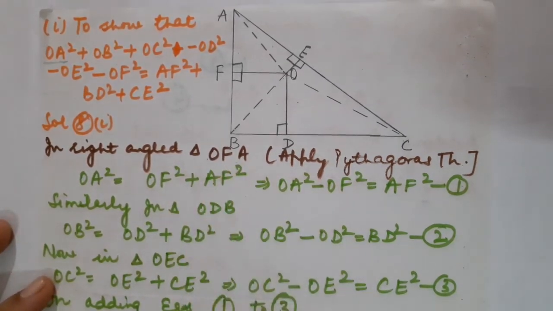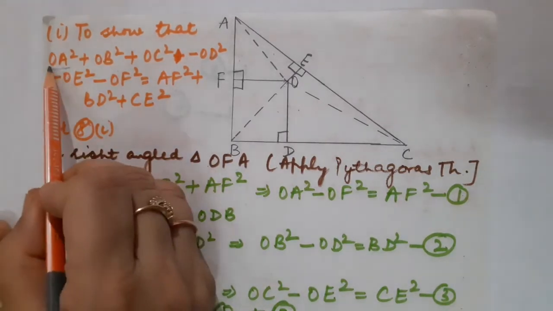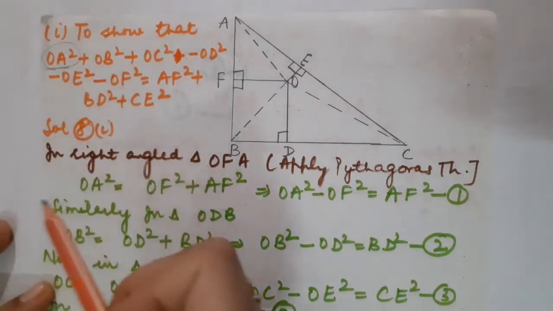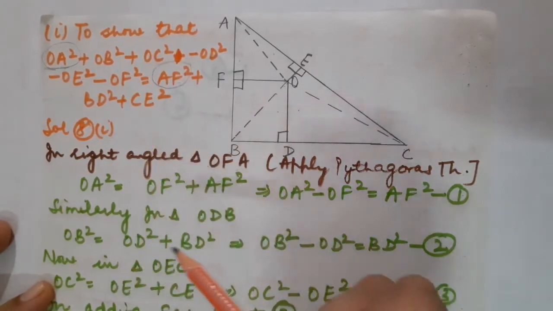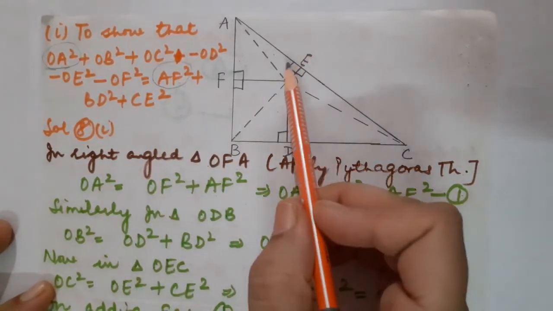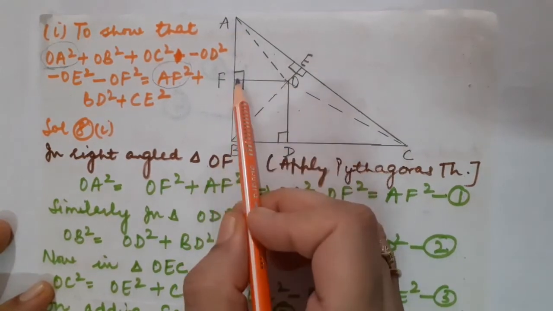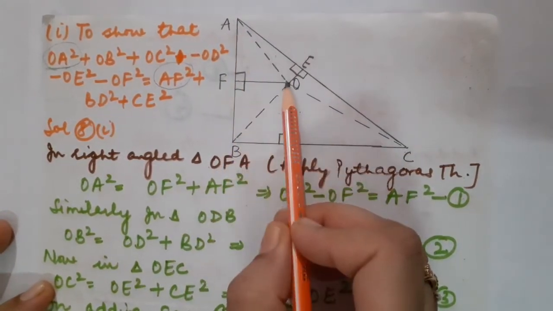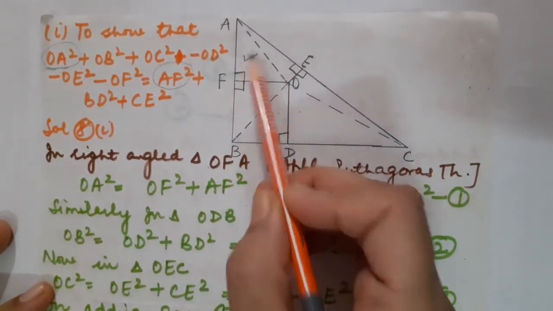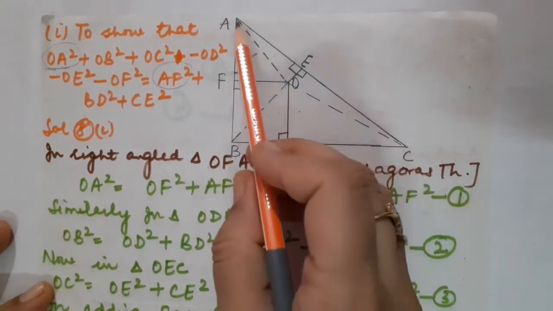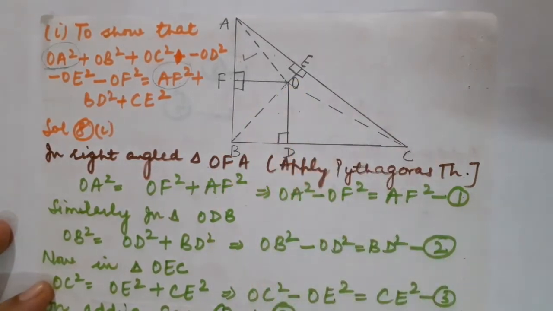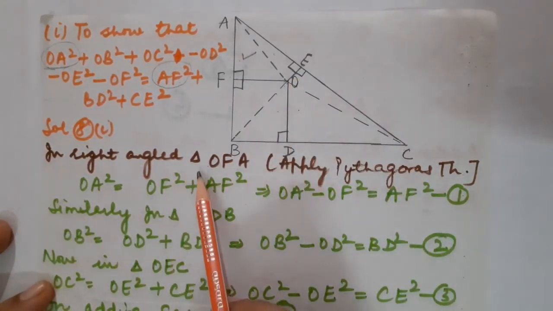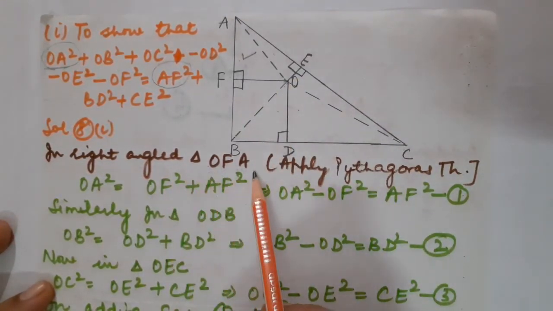Let me tell you what is the reason. When I observed here that there is OA square present, and on the right hand side I observed that there is AF square present. So definitely if I have to take AF square as well as OA square, which particular right angle triangle I have to choose? Of course, I have to choose AFO, or you can write it OFA.